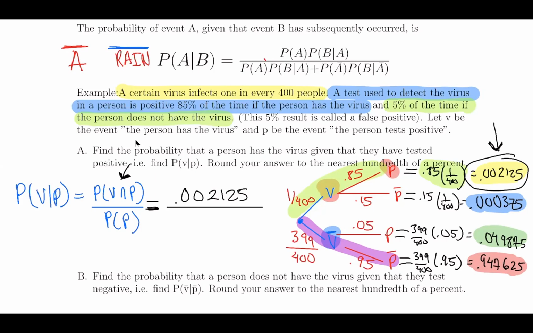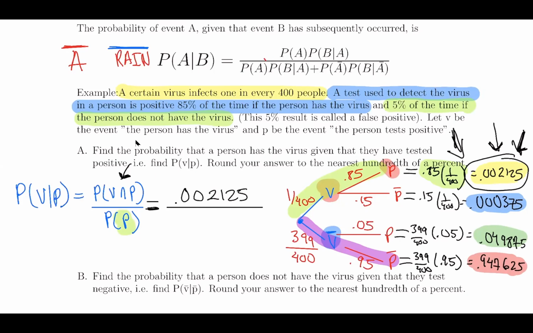Okay, so let's do the bottom. If you look at the bottom, it says probability tested positive. So of these options over here, where I'm drawing my arrows, how many of them tested positive? There are multiple options where they tested positive.